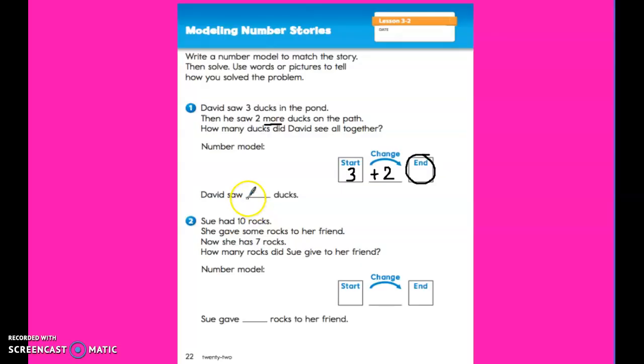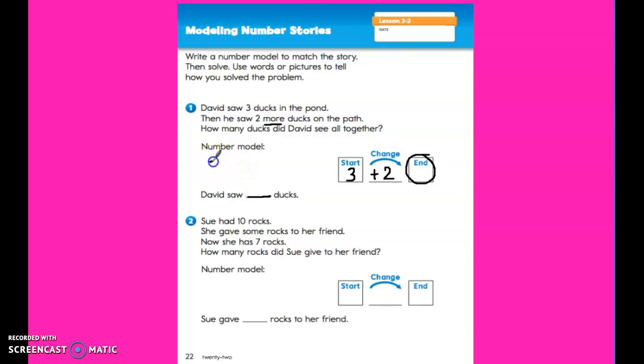Okay, so you're going to write whatever number that you end up with on this line. Now your number model goes in this empty space here. So 3 plus 2 equals, and then of course the number that you figure out goes at the end.